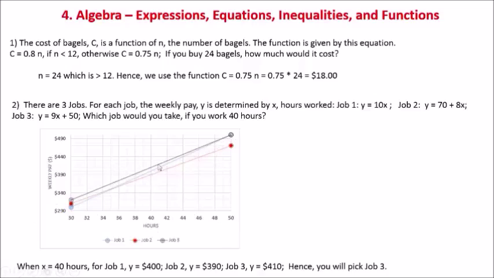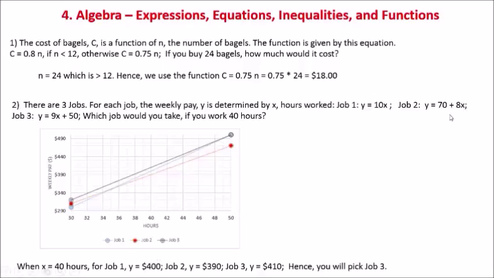But if they don't give you the picture, then what you have to do is this: when x equal to 40 hours, then for job 1, you need to find out how much you are going to get paid. Y equals 10 times x, just plug in x equal to 40. 40 times 10, that's 400.